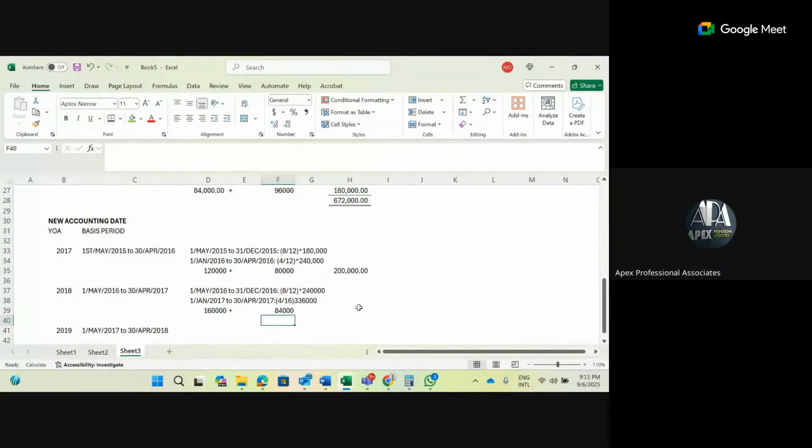What do you have? 84,000 naira. The addition of this 160,000 plus 84,000 naira. What do you have? 244,000 naira.